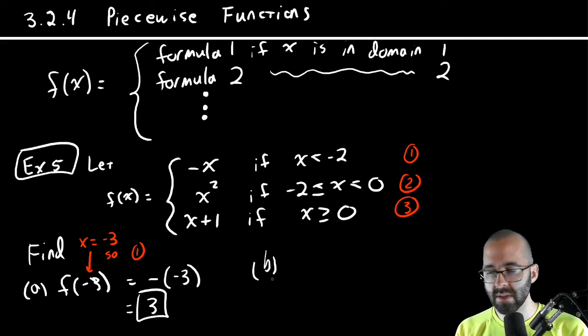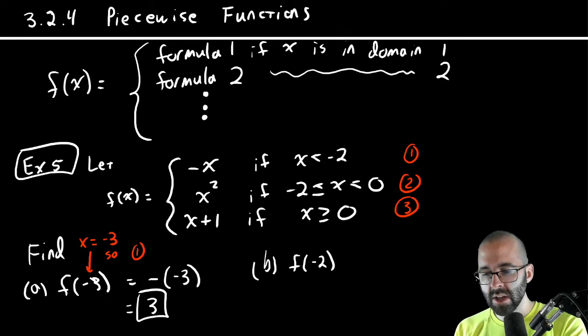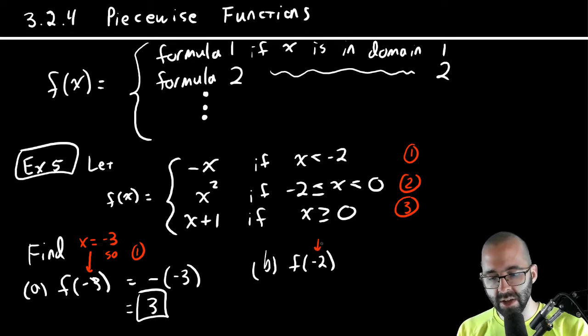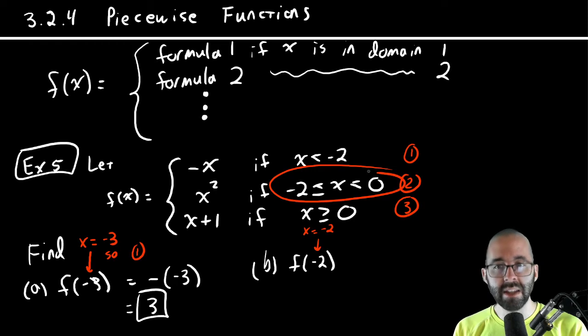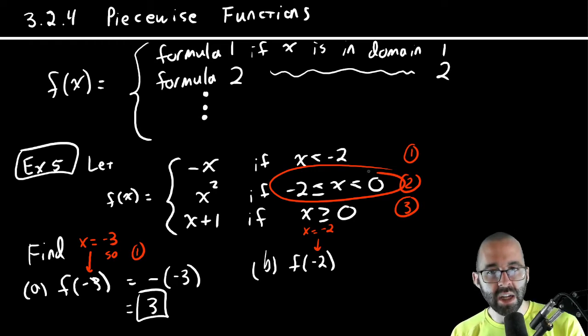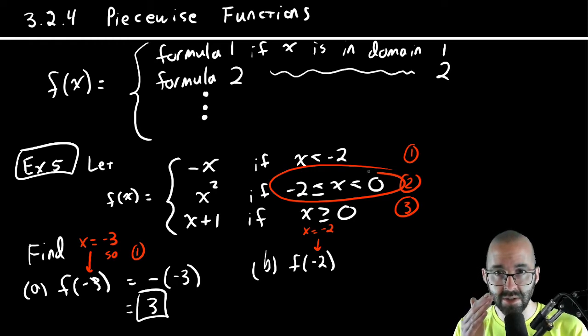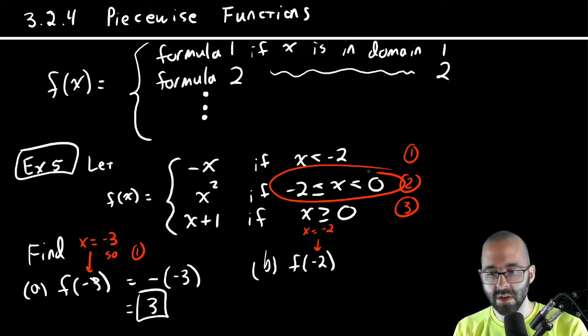Let's do another one. Let's look at f of negative 2. So again, we look at our x value. Our x value is x equals negative 2. Which piece is that in? It's going to be this piece, right? This is the piece between negative 2, including negative 2, and 0.